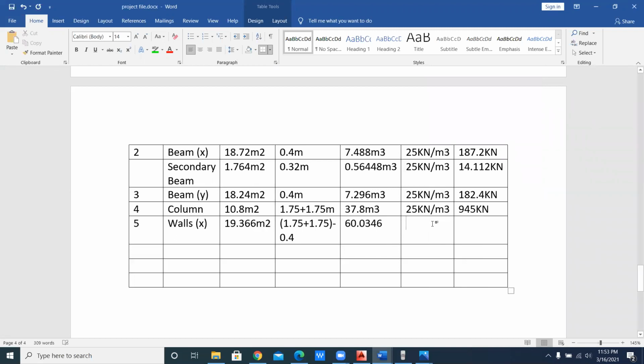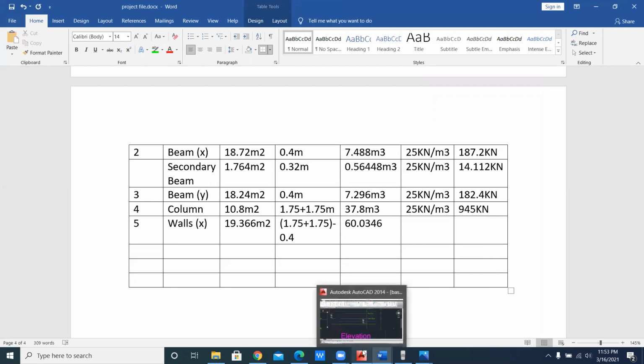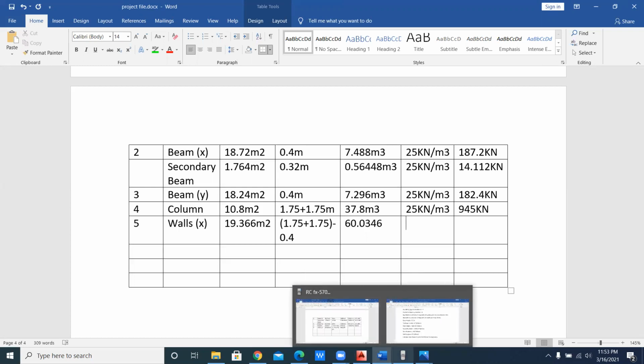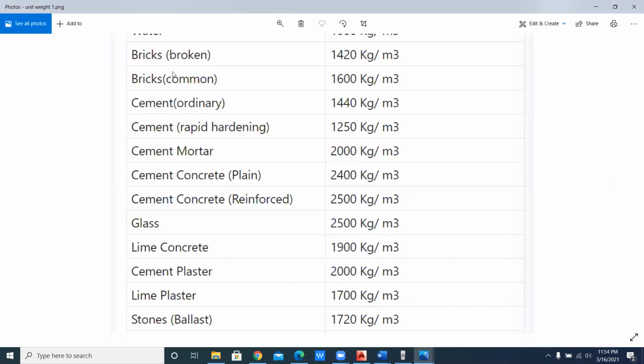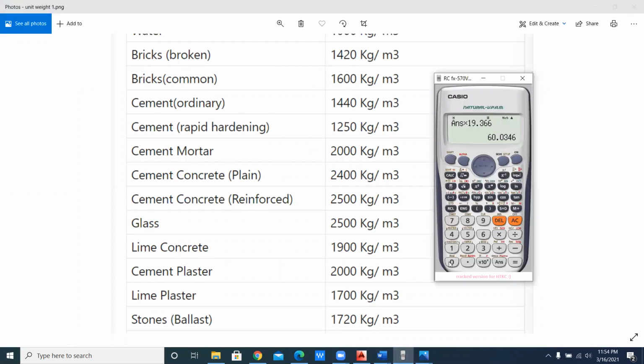So now first of all, there is wall. It depends up to you what kind of wall you are gonna make. Here if you open your unit weight, that is brick broken, brick common, cement ordinary, cement, that is your type of rock. Here I am going to make the wall of the brick common. That is 1600 kilogram per meter cube. I will convert this into Newton.